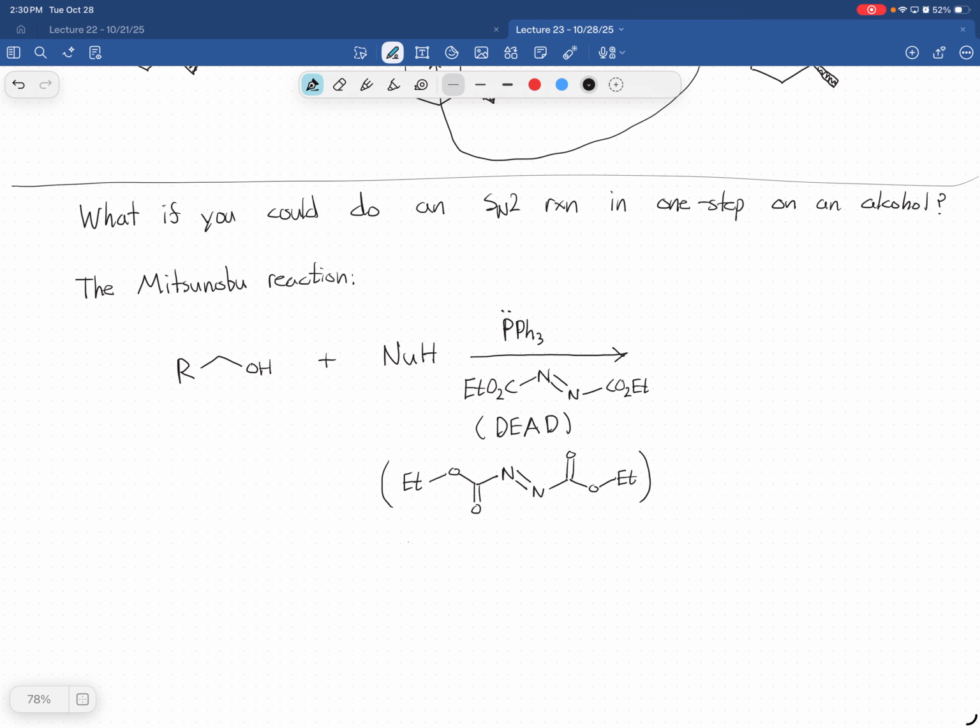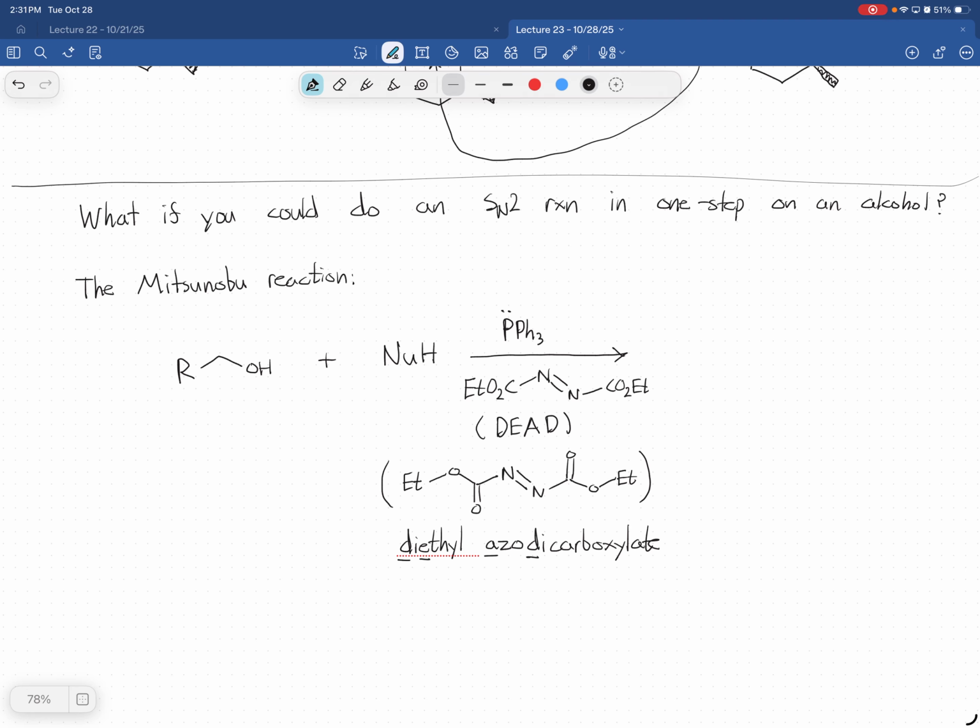This is called diethyl, that's where the D comes from, diethyl azodicarboxylate, the last D. You don't need to know how to name that, but the abbreviation is DEAD.